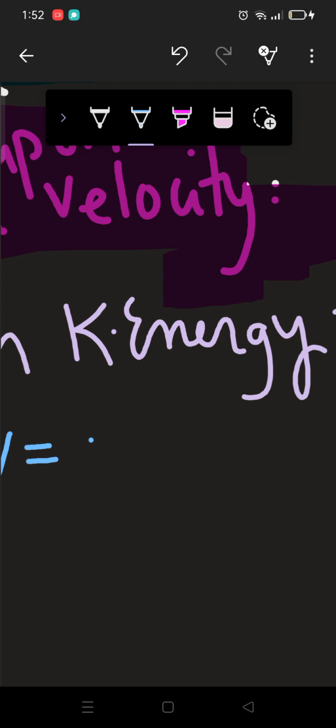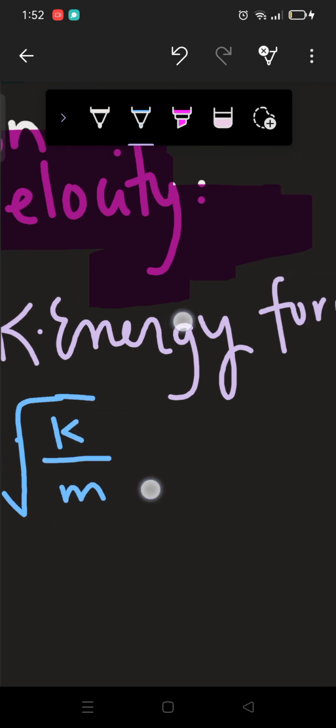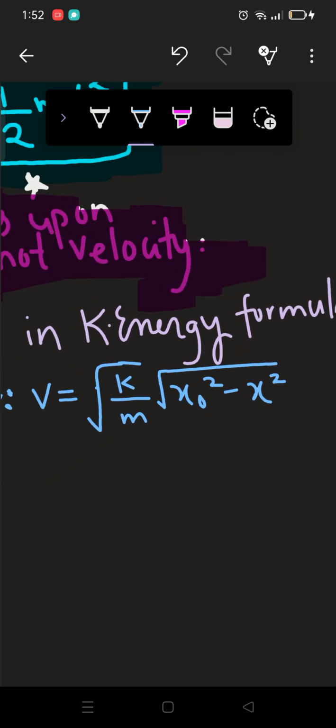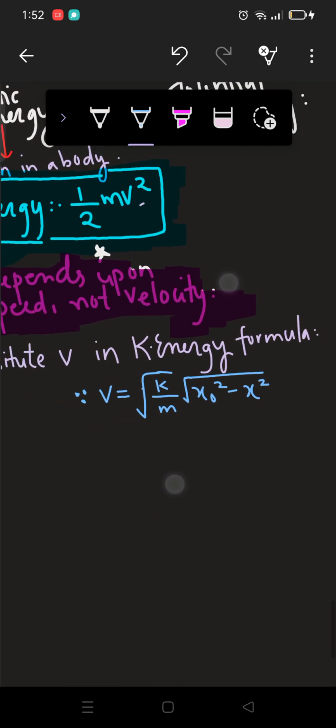Instead of omega, we have got in the mass spring system under root k by m, into under root x naught square minus x square. In the case of maximum velocity, we have got under root k by m into x naught. In the case of minimum velocity, we got 0. So this is the general formula for finding the velocity of the mass spring system.